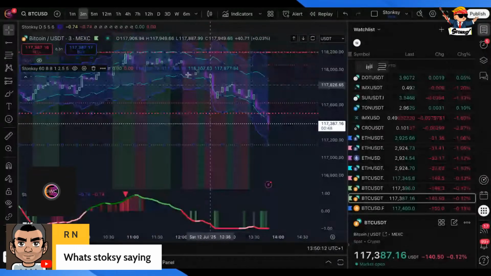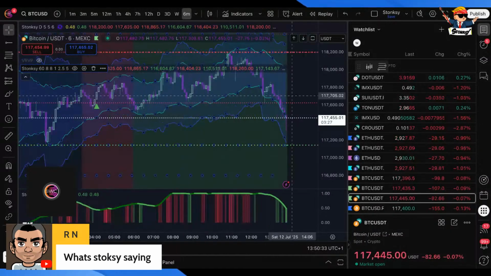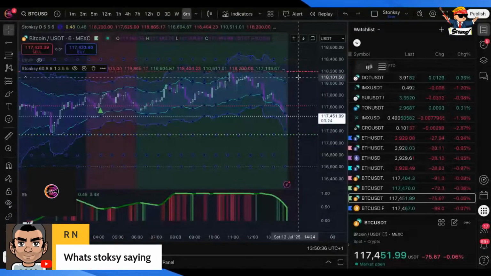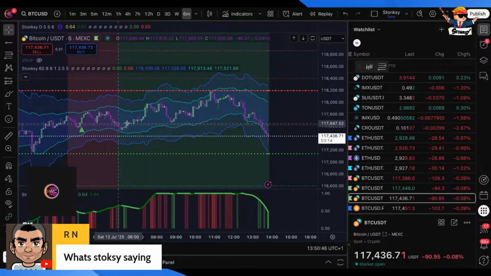At the moment, what I would say is something that I was talking about at the start of the stream: quite often when you get these green backgrounds on Stonksy, the price will come back to where it started, and it's definitely done that, and it's gone below actually.